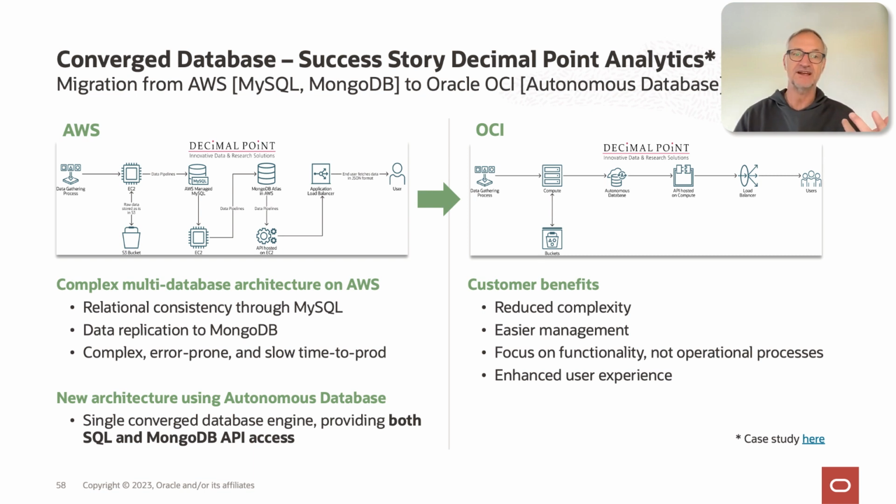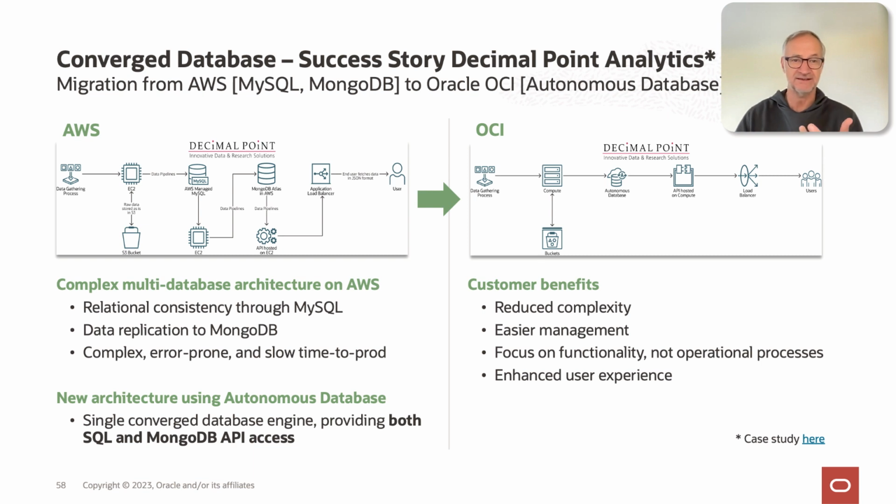They're a financial services provider. They needed the relational consistency through MySQL for their financial data coming from all the systems. But the end user system wanted MongoDB documents as an interface to the end user.